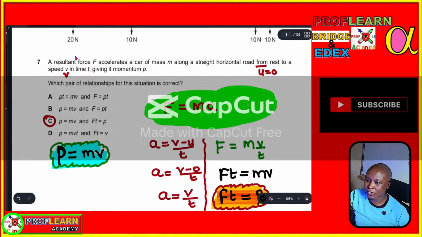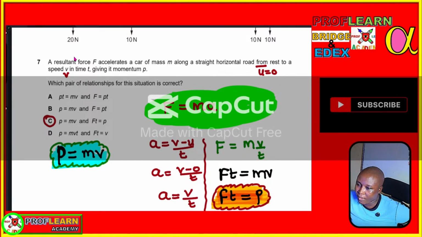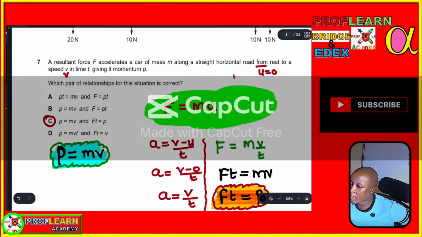Now, the resultant force F accelerates a car of mass along a straight line. At this point, you need to remember the force is equal to mass times acceleration. And we are told that the initial velocity was 0 because it was starting from rest. So if you want to work out the acceleration, it will be V minus U over T. In this case, acceleration in terms of V and T will be this value here.